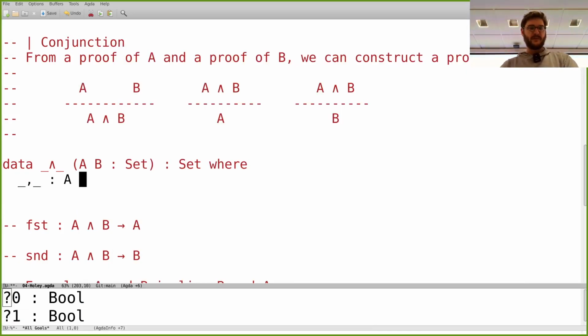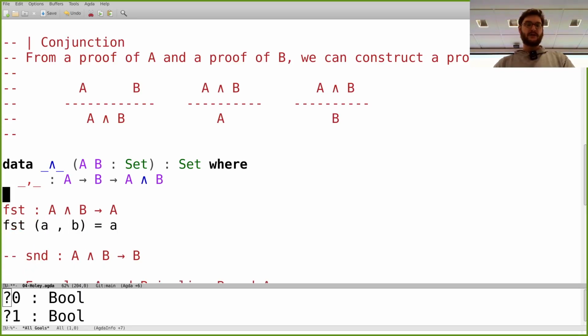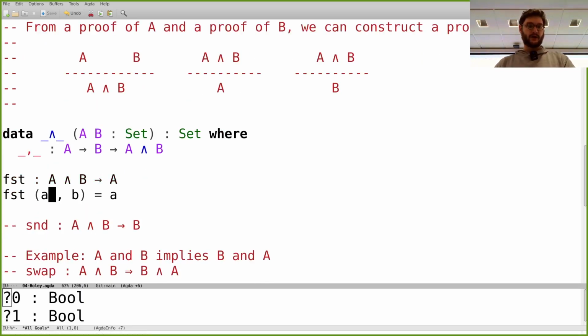So what does it mean to have a proof of A and B? Well, you better have a proof of A and a proof of B, and then that gives you a proof of A and B. Then I can have the two elimination rules that we talked about earlier. I should probably do it interactively.